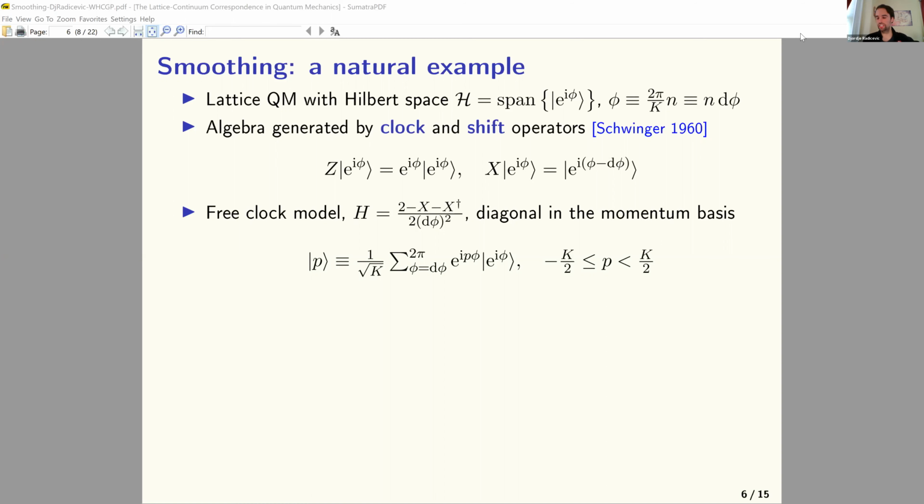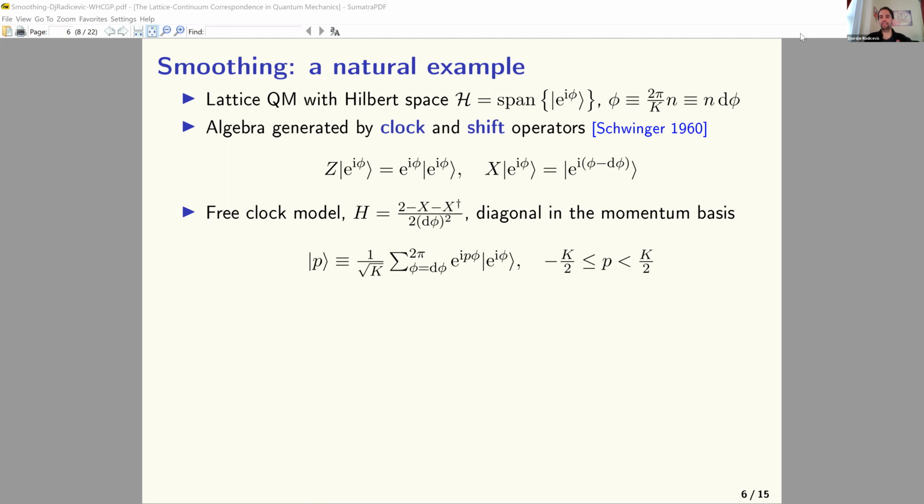And these are just position and momentum operators in some glorified way. So they just either measure where you are on this clock, on this unit circle, or they move you by one notch on it. And then there's a natural model that you can think about, which is essentially a free particle on this clock, which either hops one step left or right or stays in place.